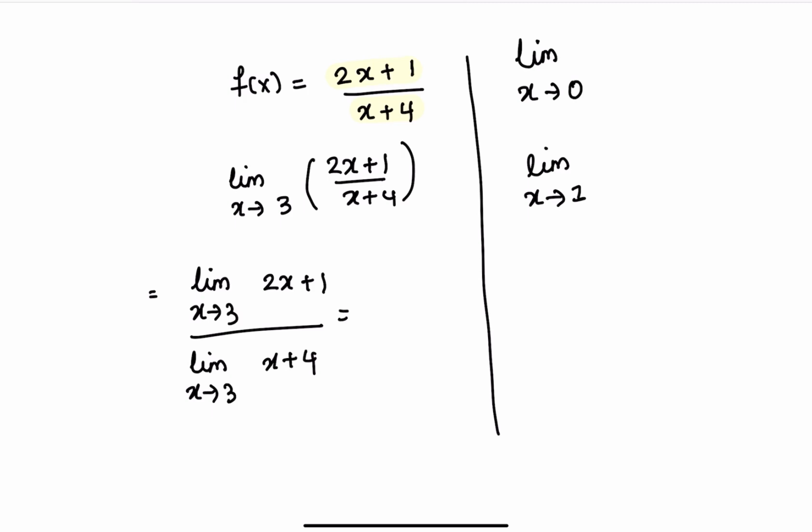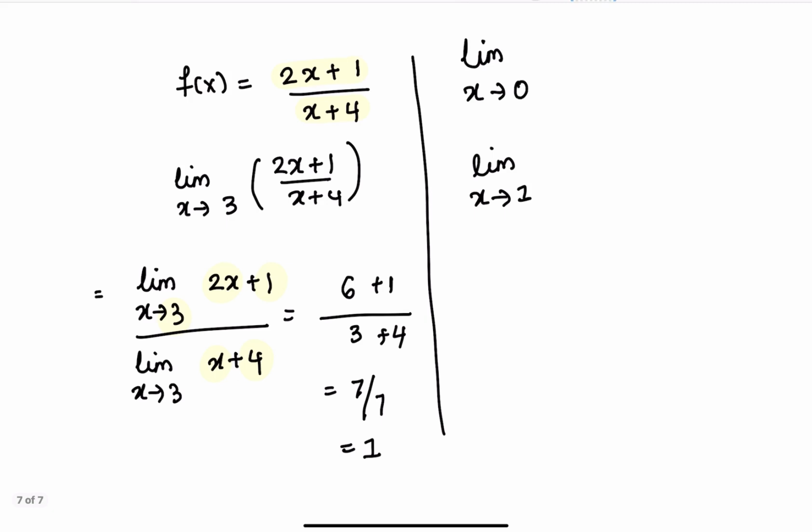The limit of a constant is a constant, so this is 1 and this is 4. Now, the limit as x approaches 3 of 2x is 2 times 3, which is 6. The limit as x approaches 3 of x is 3. So now I have 7 over 7, which is 1.